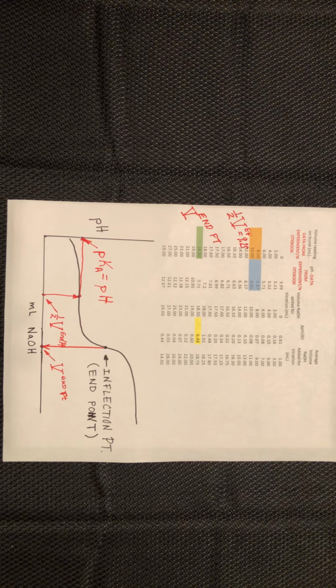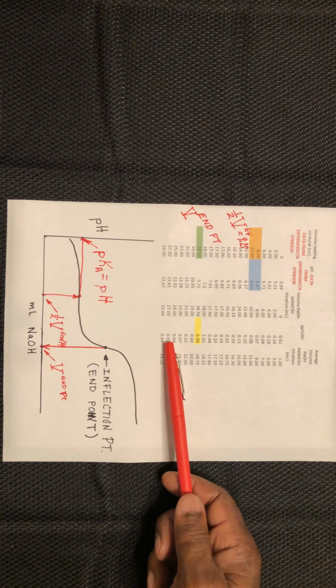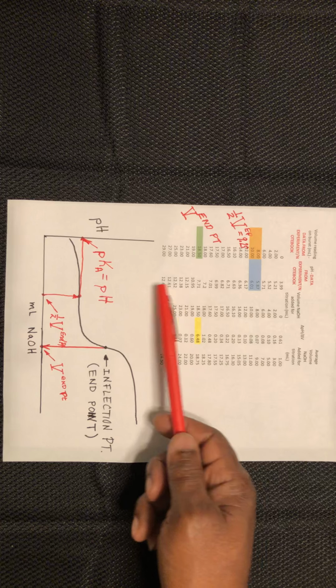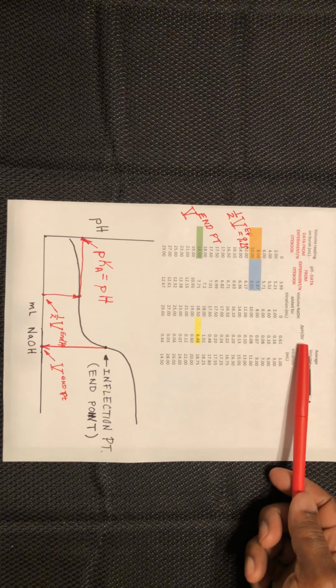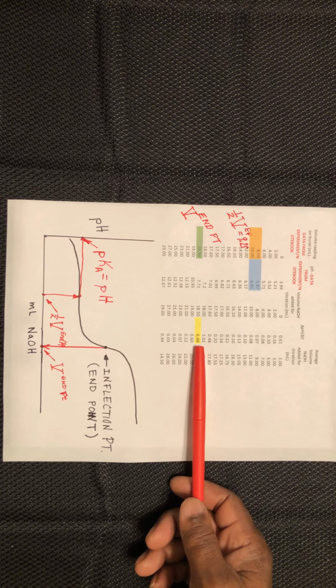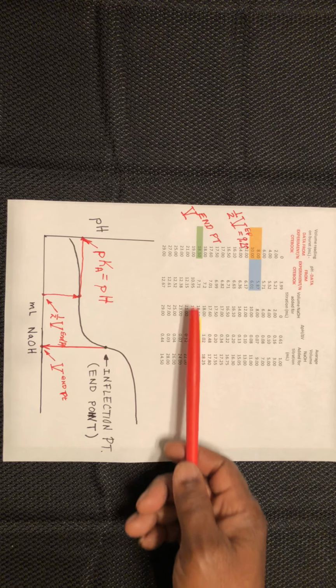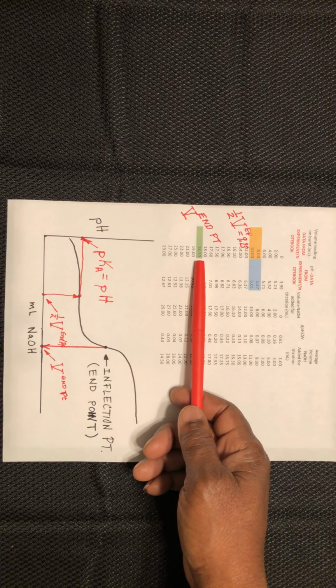So the data that you have been sent includes the first derivative, the pH, and the volume. You want to, again, find the maximum on your first derivative column, go over to the volume column, and that will be your volume at the endpoint.